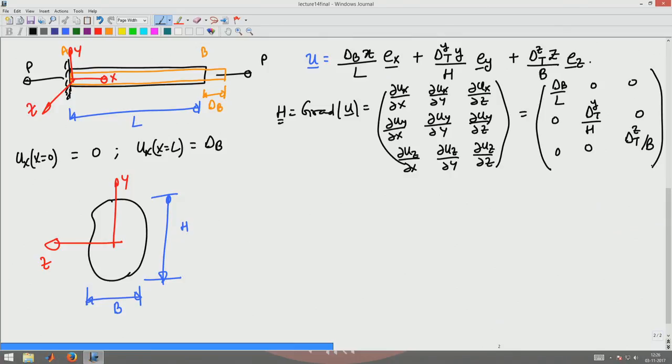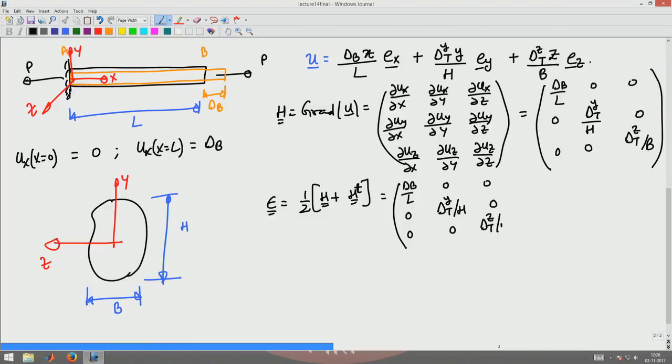Now, I want to find a strain. The strain, linearized strain, is defined as one half of H plus H transpose. So, essentially it is only a diagonal matrix. I will get the same diagonal matrix again, it will be delta B by L 0 0, 0 delta t y by h 0, 0 0 delta t z by b in here.